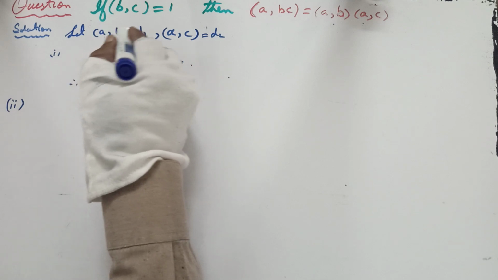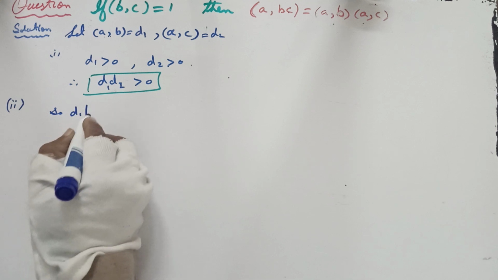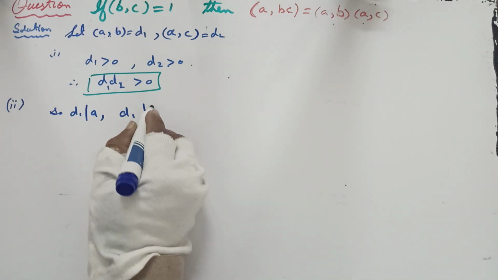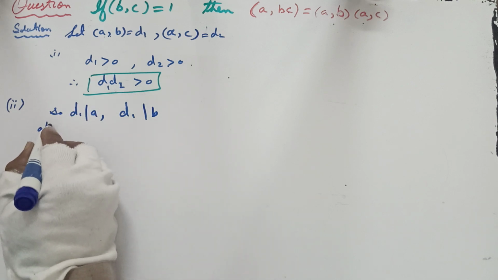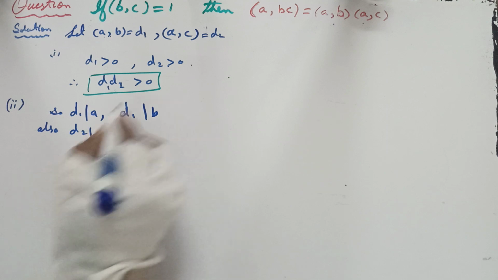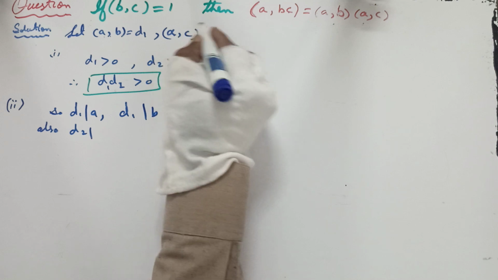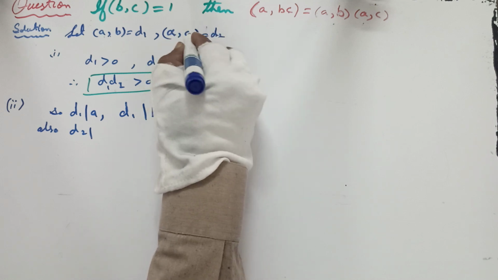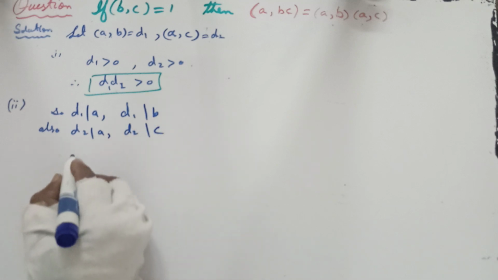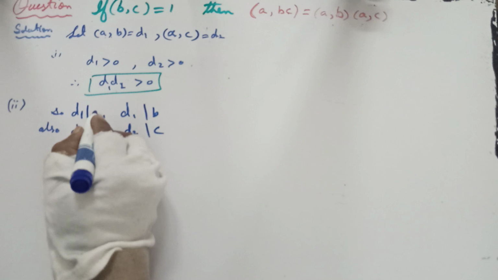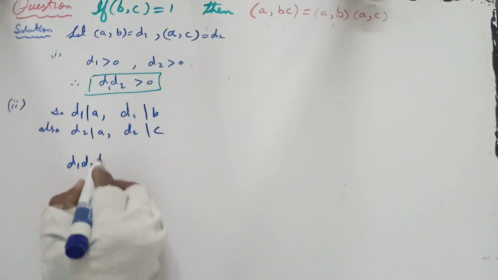If the GCD of A and B is D1, therefore D1 divides A and D1 divides B. Also, D1 D2 divides A. If D2 is the greatest common divisor of A and C, then D2 must divide A and C. If D1 divides A and D2 divides A, then their product must divide A.